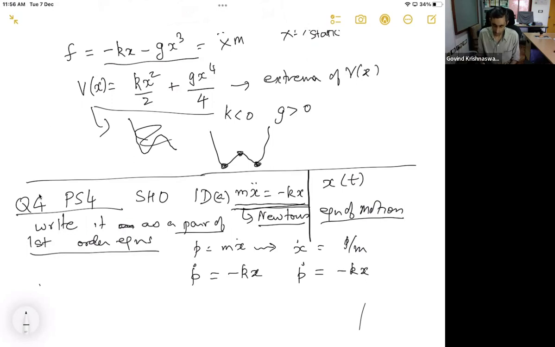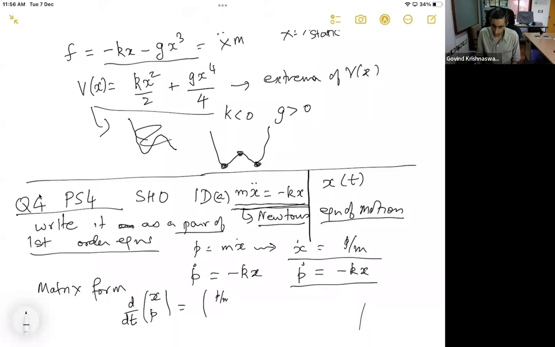Then we write it in matrix form because this is a pair of linear equations. p and x both appear to first power. Therefore, we define the column vector x comma p. Then its time derivative is given by p upon m and minus kx. We notice that this can be written as a 2 by 2 matrix times x comma p.